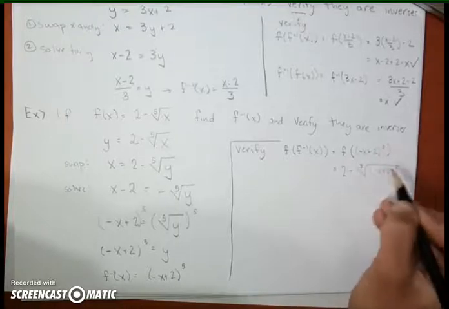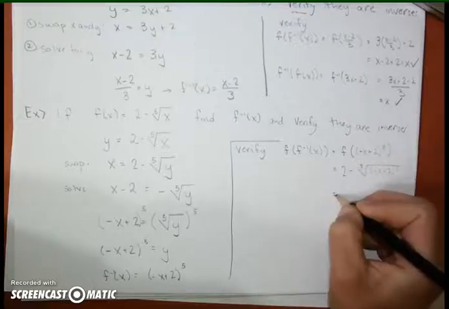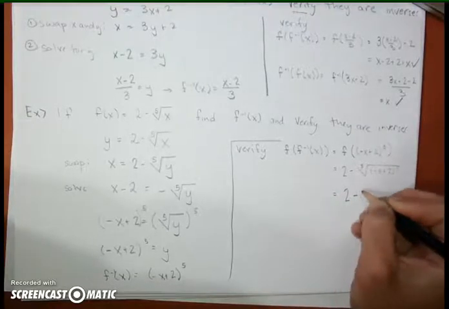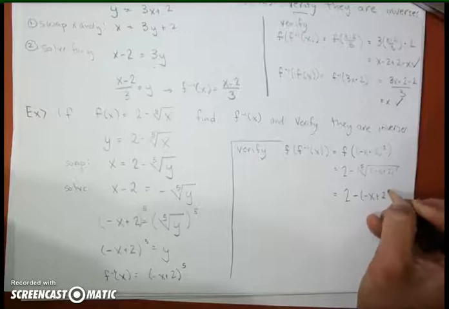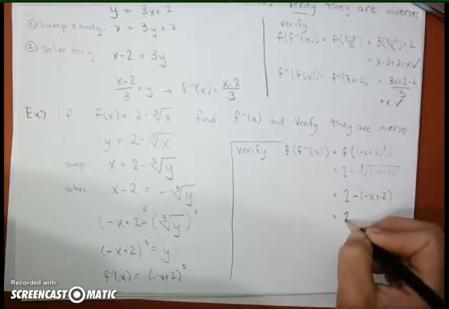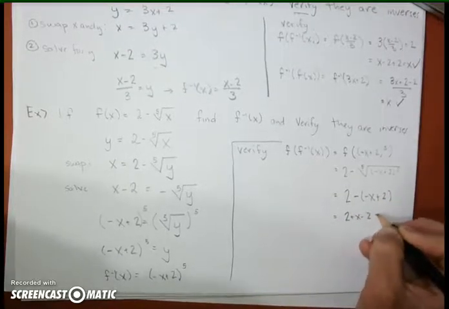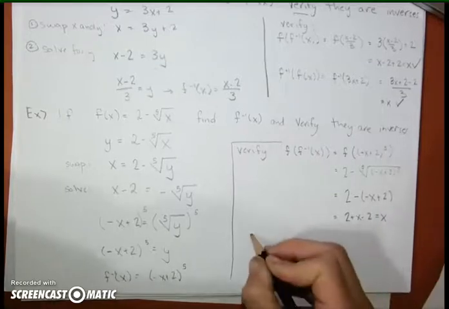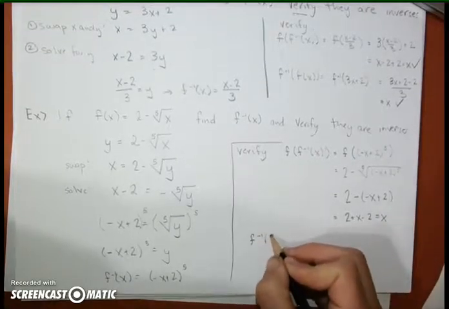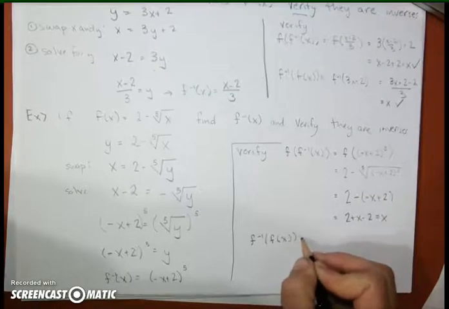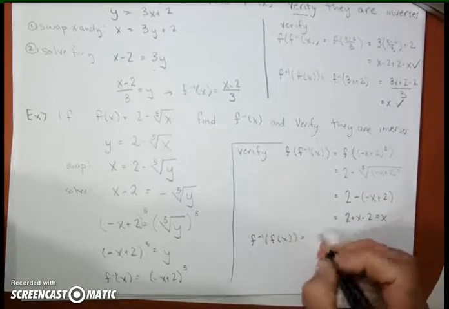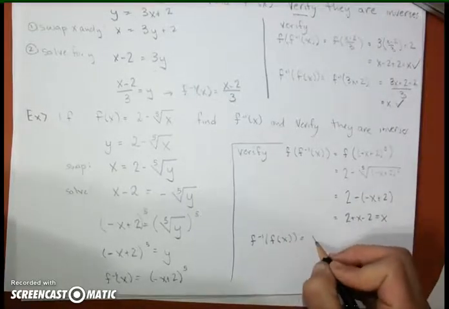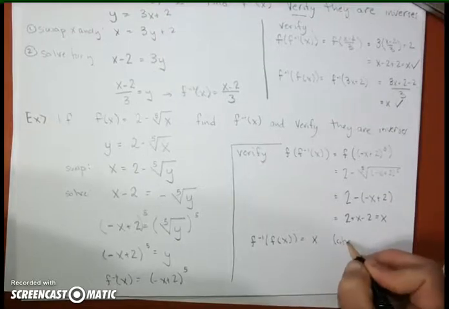The 5th root undoes raising to the 5th power, so this is 2 minus negative x plus 2, which is 2 plus x minus 2, which is x. Then you can also check that f inverse of f of x equals x. I'll have you check this one on your own.